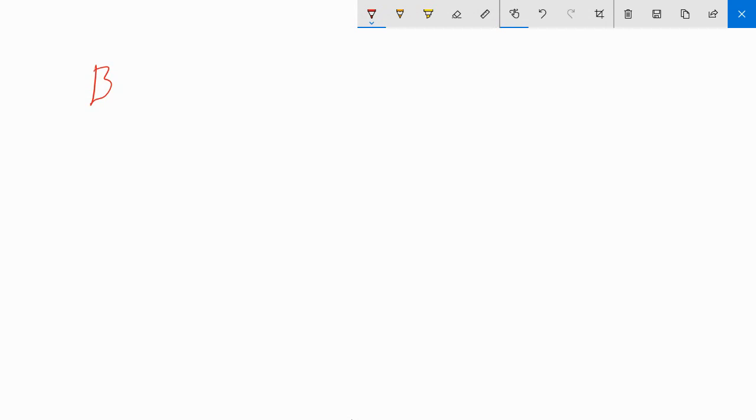So we have beta 0 hat, which is equal to y bar minus beta 1 hat x bar. And we want the variance of this.